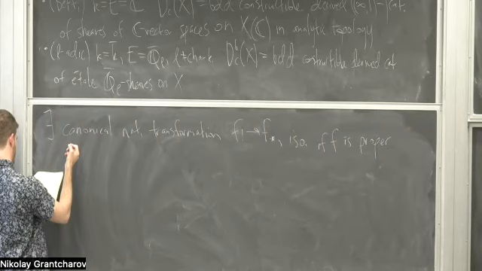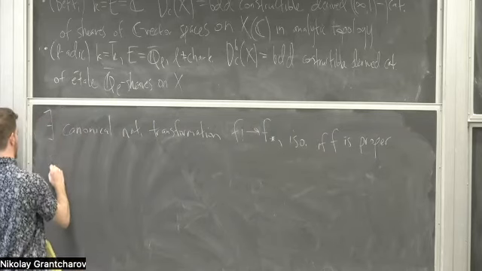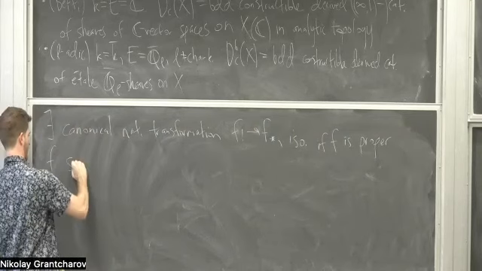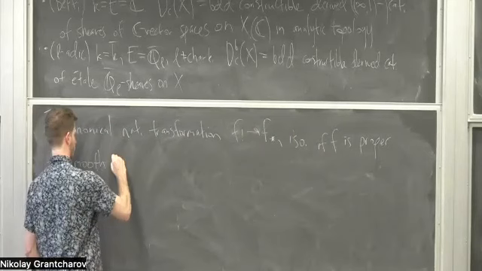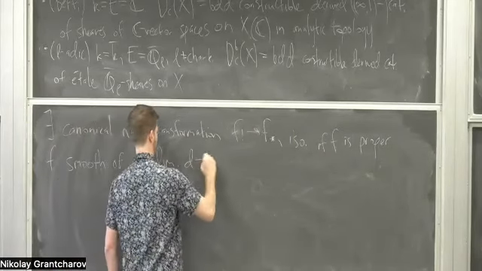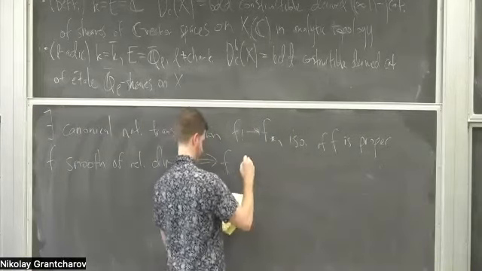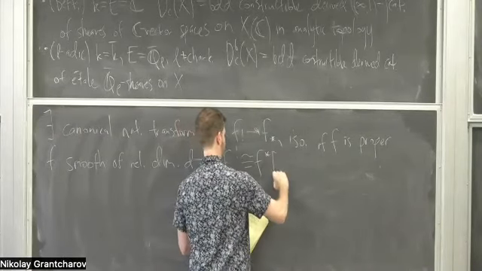There are various other things I can say. I'll go through the laundry list. This is a cheat sheet for the six functors. If f is smooth of relative dimension d, then f upper shriek is isomorphic to f upper star up to a shift.